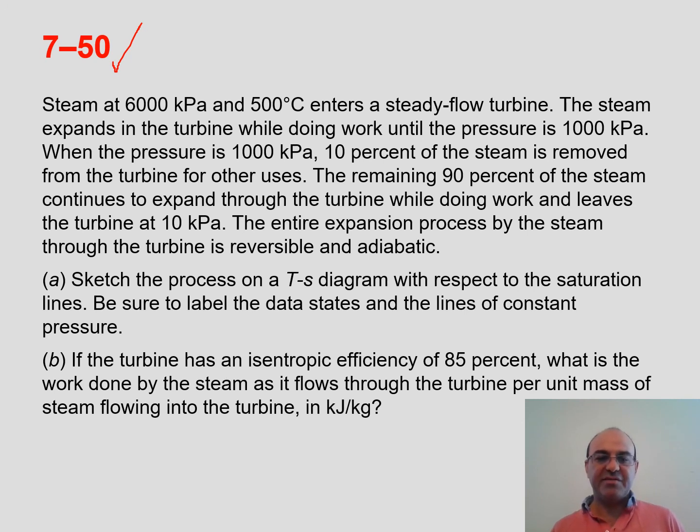In part B, if the turbine has an isentropic efficiency of 85%, which we defined in the lectures, what is the work done by the steam as it flows through the turbine per unit mass of steam flowing into the turbine, in kilojoules per kilogram? You may want to pause the video and read through the question again to understand it.